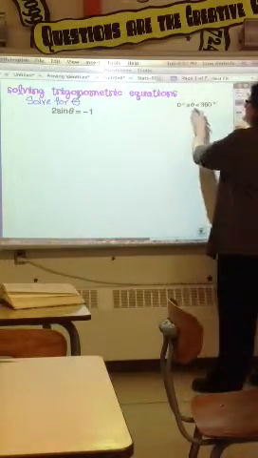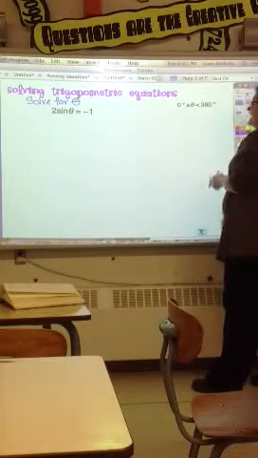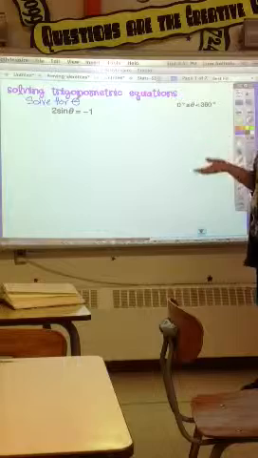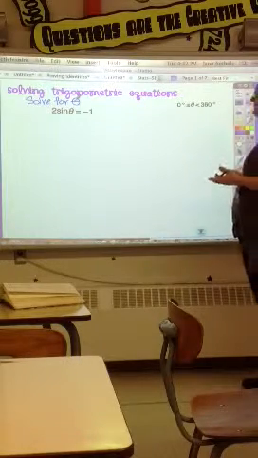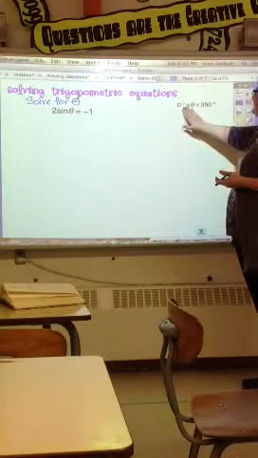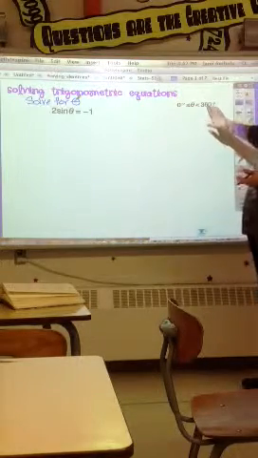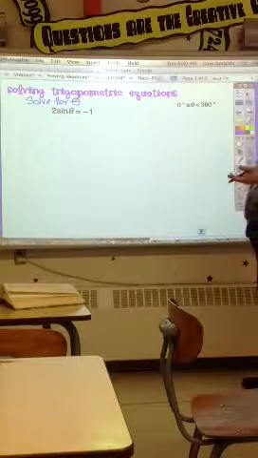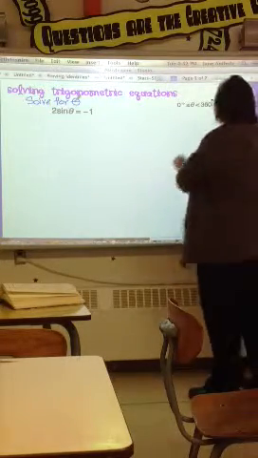Therefore, many times you'll see a stipulation that says solve for theta between 0 and 360 or 0 and 180. We're going to do one revolution, so between 0 inclusive and up to 360 degrees, but not including 360 degrees.